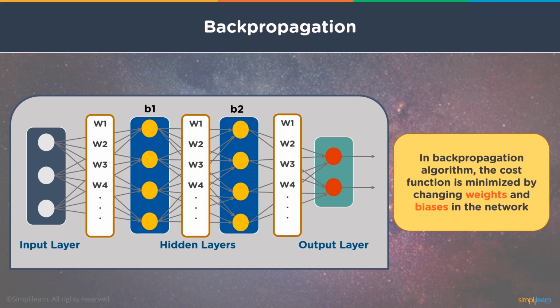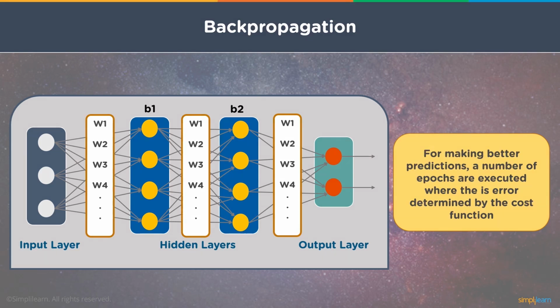What happens is as we adjust these weights, each one of these nodes starts creating kind of a category or something to look for in whatever image or data we have going in. And so for making better predictions, a number of epochs are executed where the error is determined by the cost function.